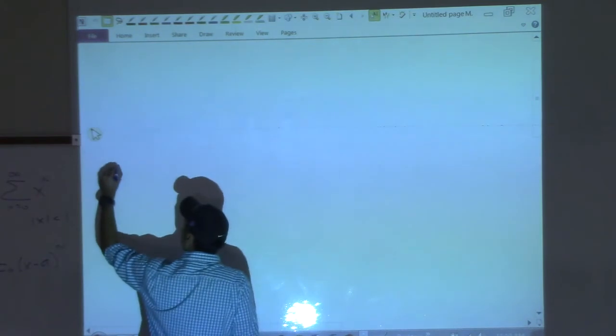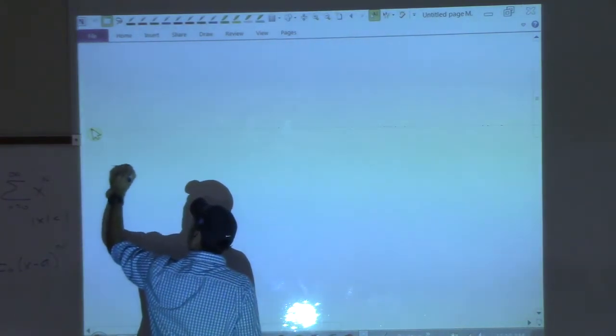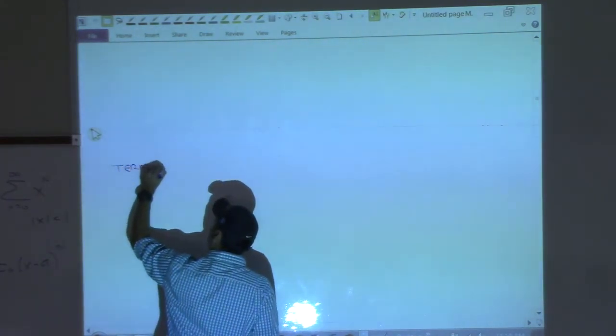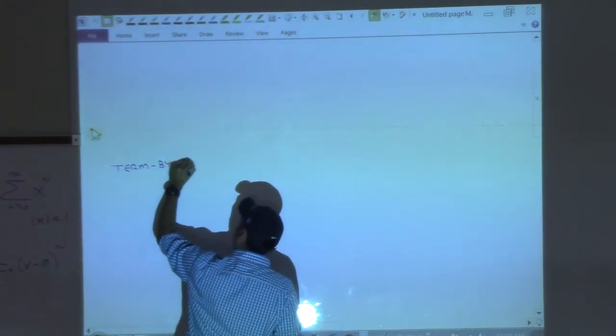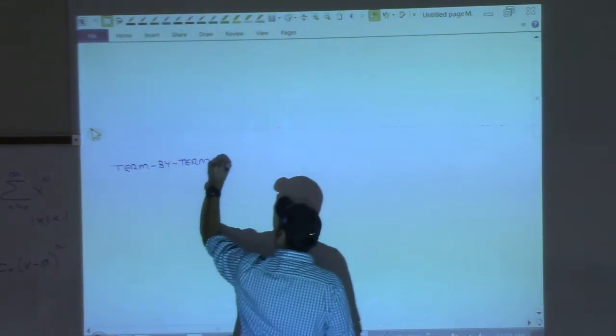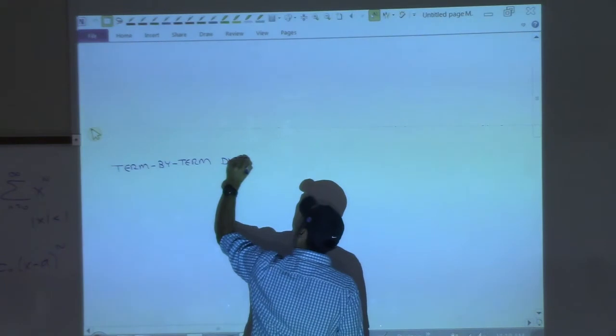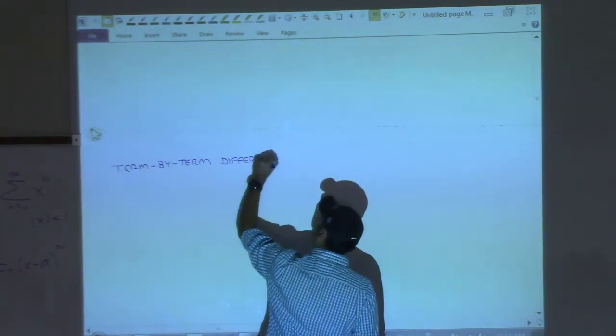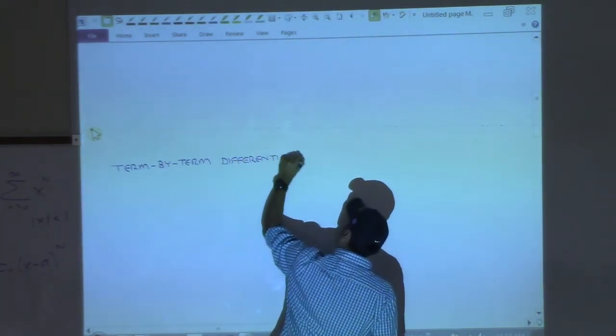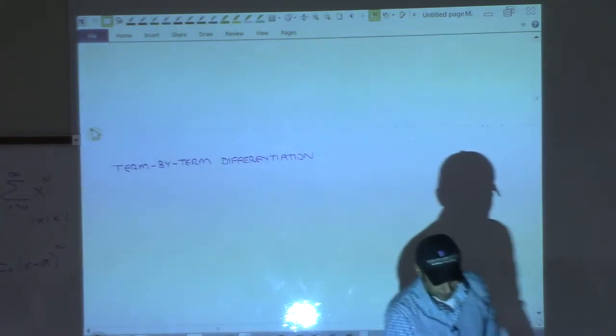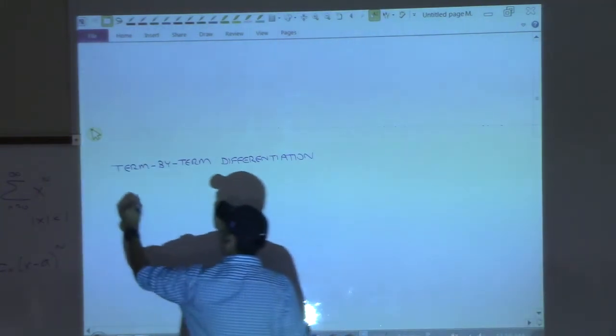All right, so now we have this thing called term-by-term differentiation. This is a theorem.